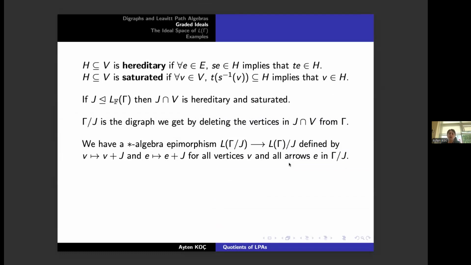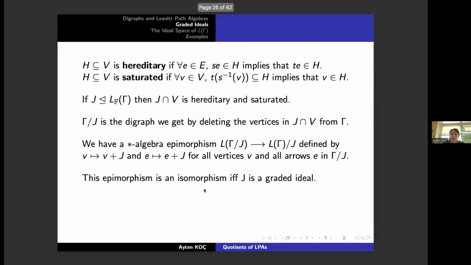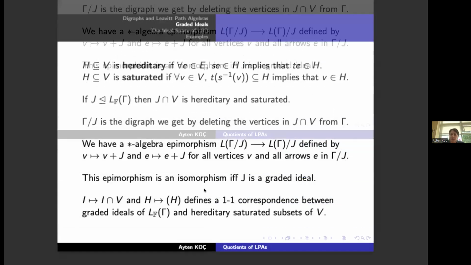We have a star algebra epimorphism from the Leavitt path algebra of gamma over J to the quotient L gamma over J, defined by sending all vertices to the cosets of vertices and all arrows to the cosets of arrows. This epimorphism is an isomorphism if and only if our ideal is a graded ideal.